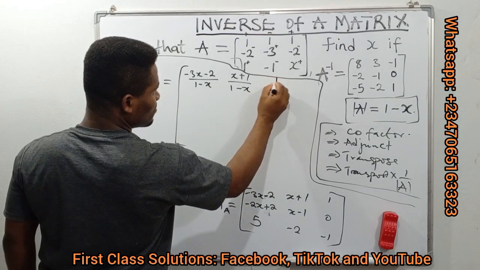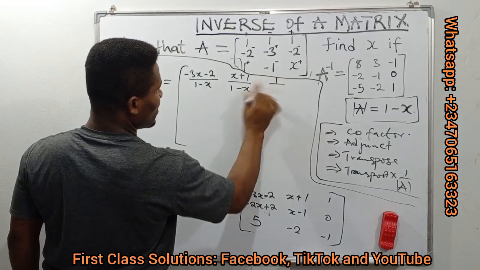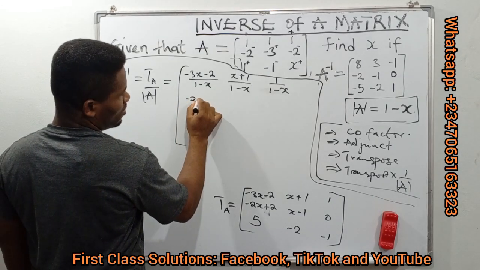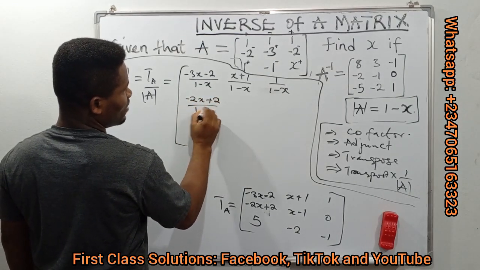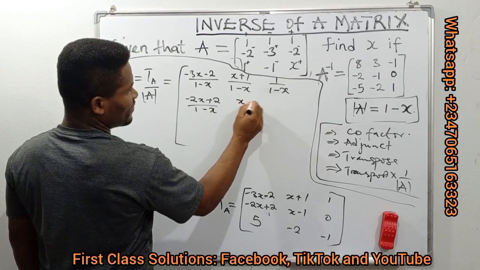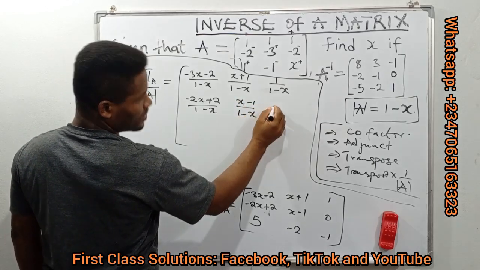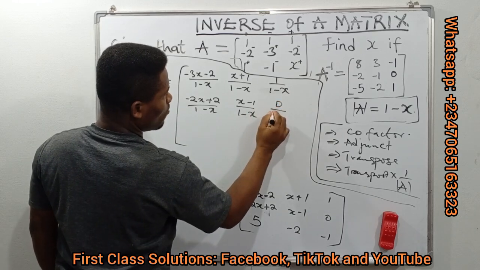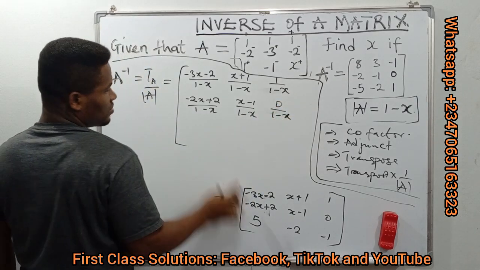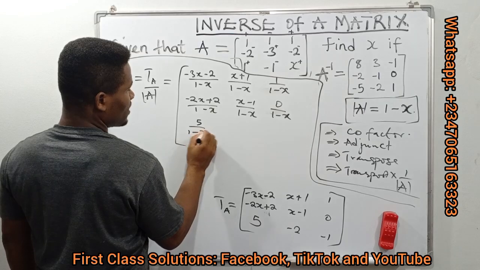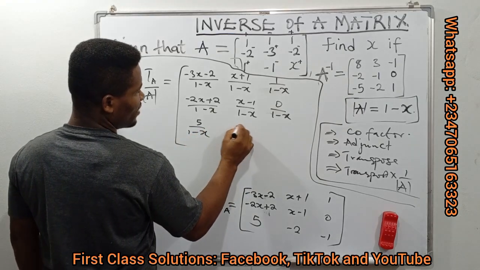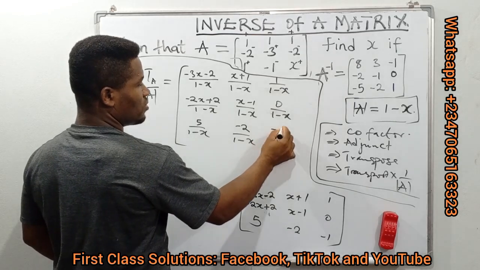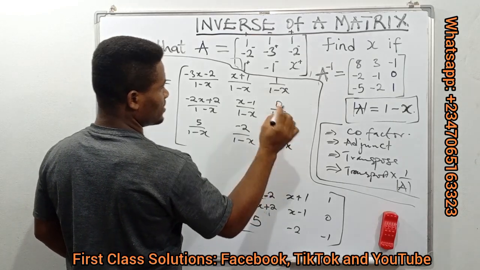The next one will be 1 all over what? All over 1 minus x. The next one will be minus 2x plus 2 over what? 1 minus x. Next one will be x minus 1 over 1 minus x. The next one will be 0 over what? 0 over 1 minus x. Next one is 5 over 1 minus x. Next one is minus 2 over 1 minus x. And the last one will be minus 1 over 1 minus x.